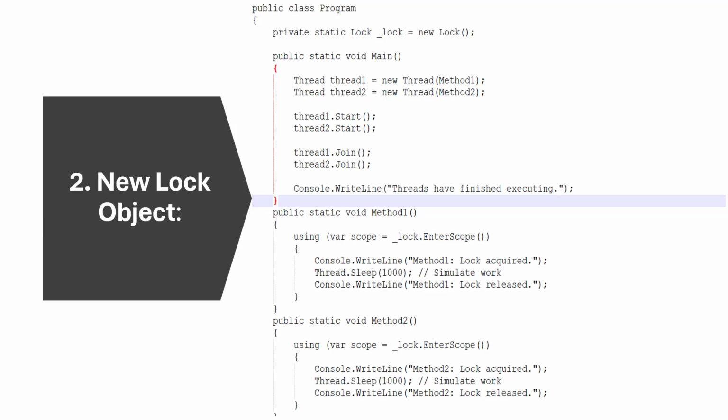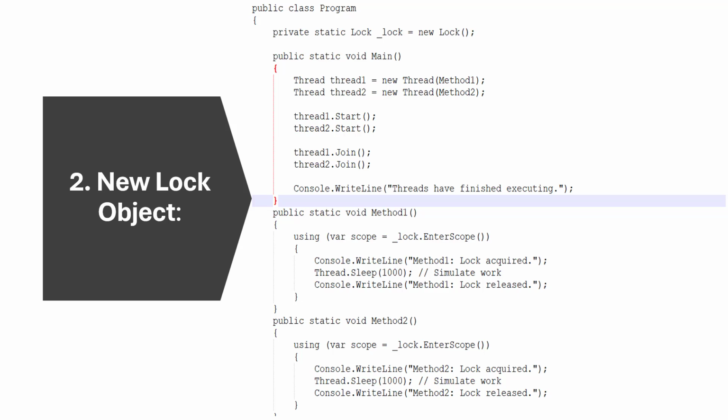So what is the benefit of using the lock in a scope? Performance: it provides better performance for certain synchronization scenarios compared to the Monitor. Scope management: the use of the scope, EnterScope and the dispose pattern ensure that the locks are correctly managed and released.